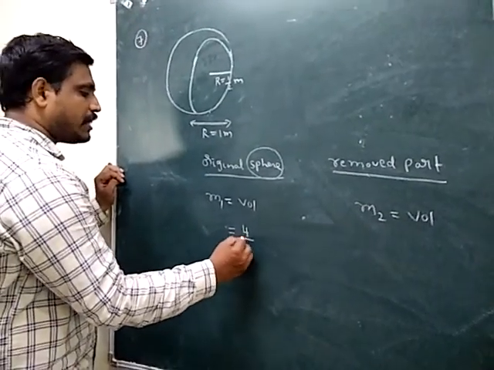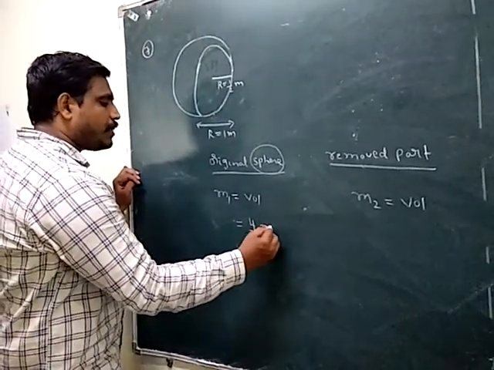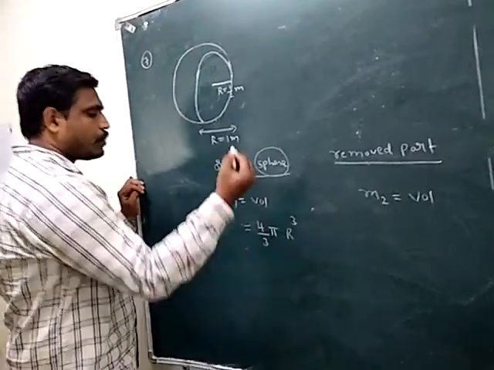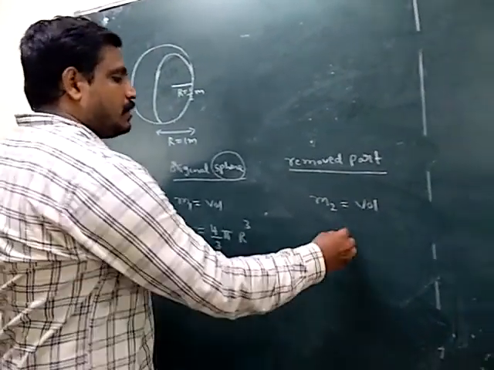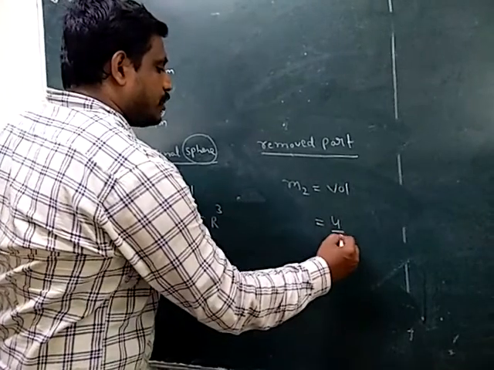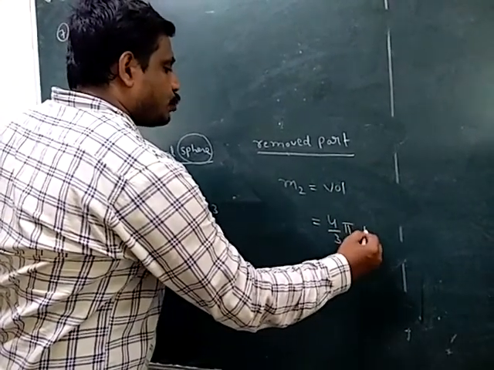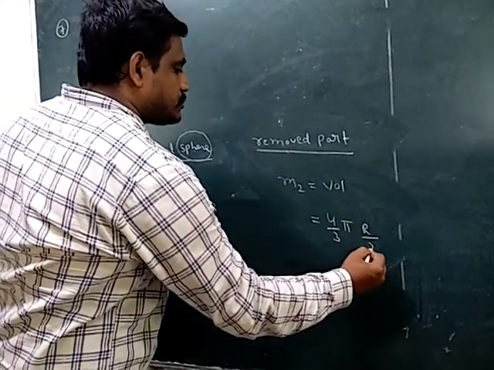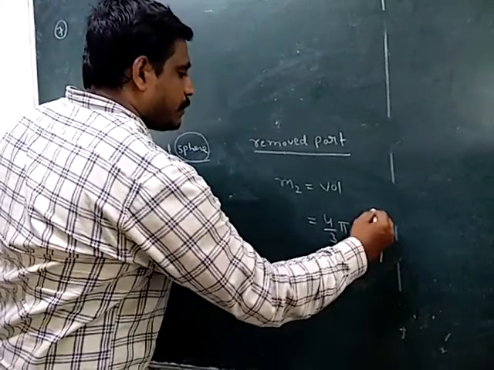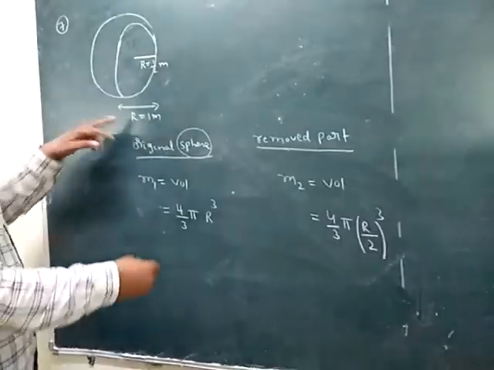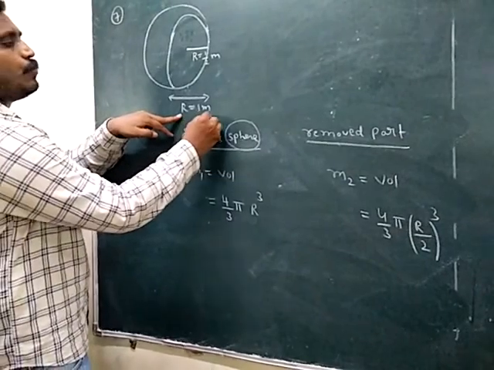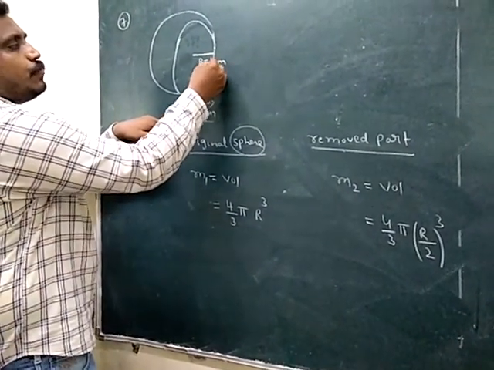Volume of the sphere is written as 4/3 pi r cube. Here also 4/3 pi r cube, but here radius is half, r/2 whole cube. Here look, this is R value 1 meter. Here r value 1/2.